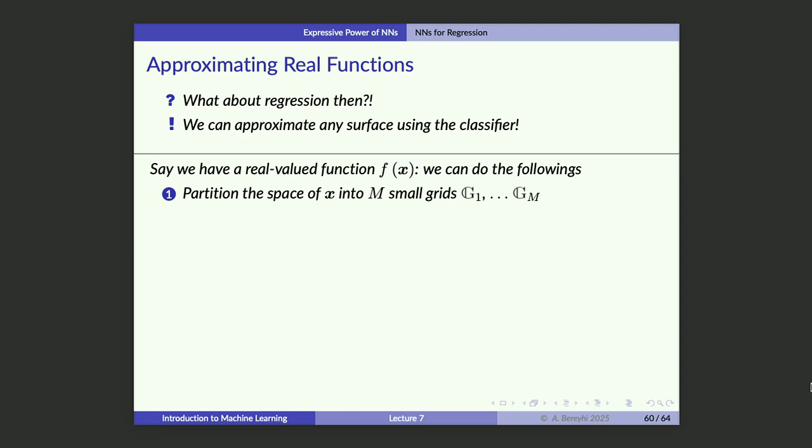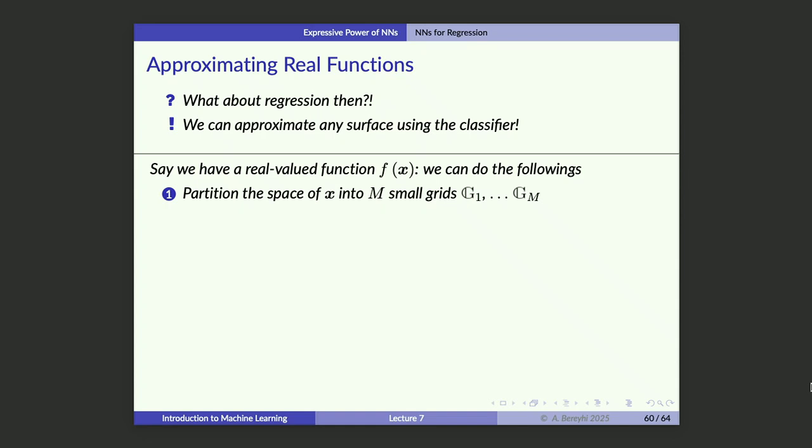Well, I am going to grid the space that I am dealing with, right? So I'm going to say, okay, this is the first grid, second grid, third grid, and so on. Now I look at just one grid. And for this grid, I am going to take the average value of the function, okay? Say the average value is here. I'm going to take this one.